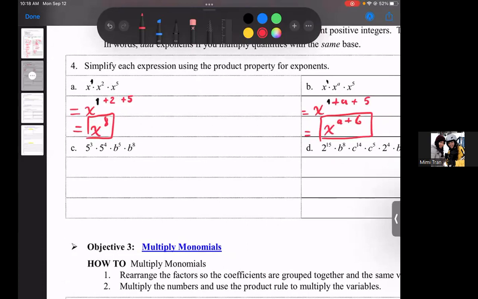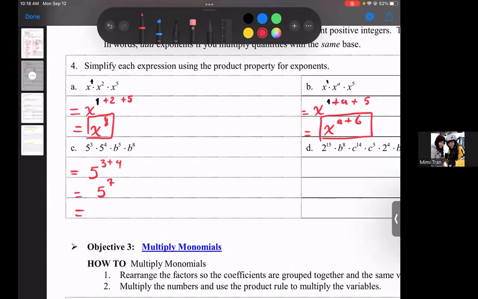C. How many bases do I have here? 2, right? So let's take care of the 5 first. So 5 to the 3 plus 4, which is 5 to the 7, which needs the calculator, right? Of course, you don't have it on top of your head.